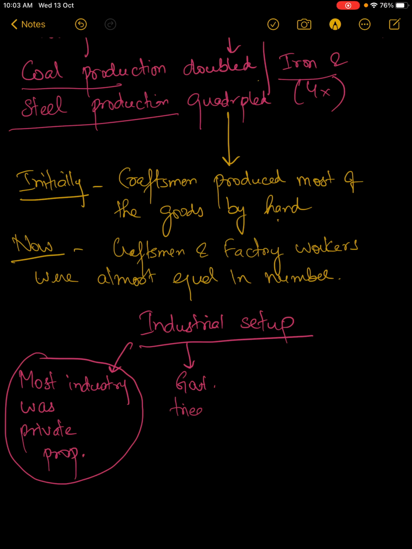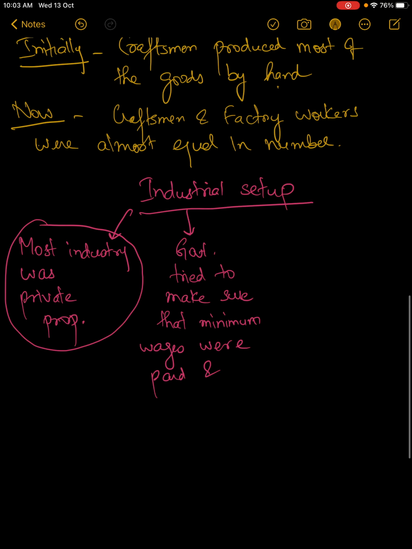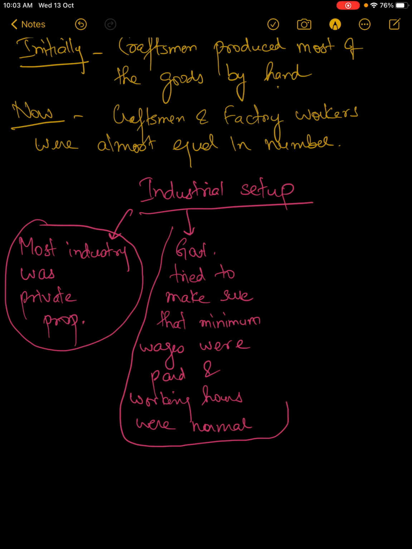Government tried to ensure that minimum wages were paid to the workers, and that the working hours were normal, so to speak.